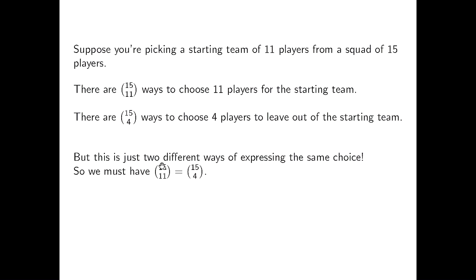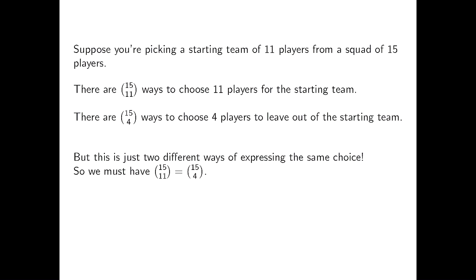So 15 choose 11 has to be 15 choose 4, and that wasn't anything specific about 11 and 15, right? It's true in general. So choosing R things to go in a set is the same as choosing N minus R things to stay out of a set. Does that make sense to everyone?